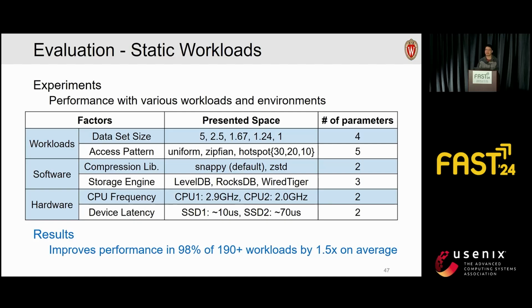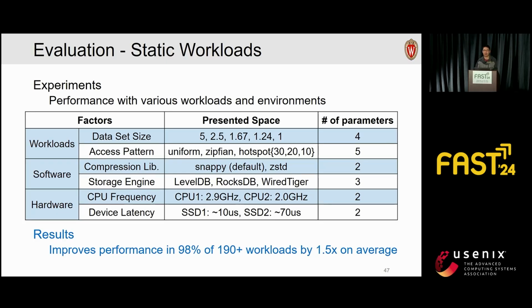We evaluate Symbiosis with various static and dynamic workloads. With static workloads, we evaluate Symbiosis' ability to find a better cache size in various workloads and environments, and its generalizability to different storage engines.